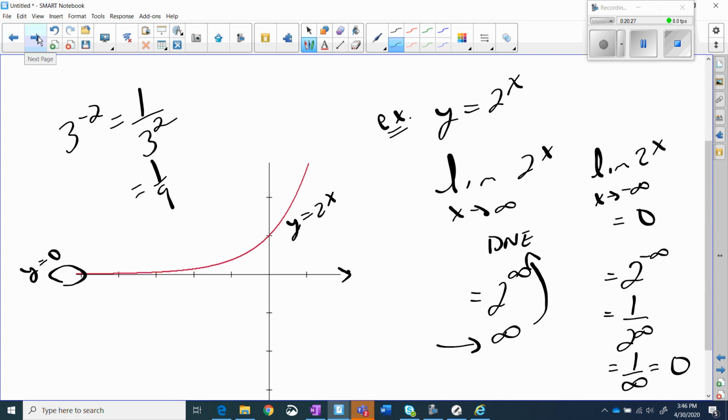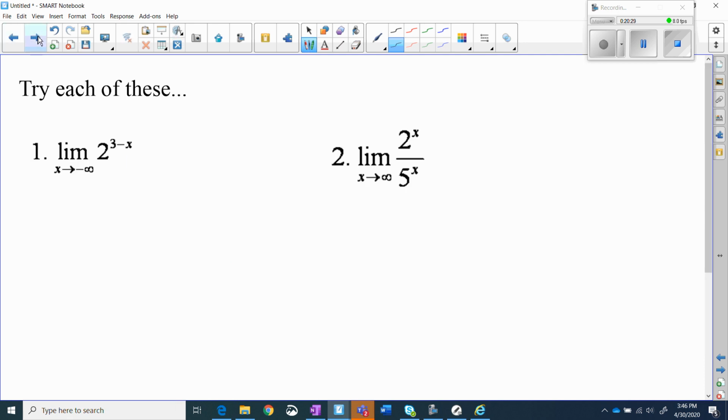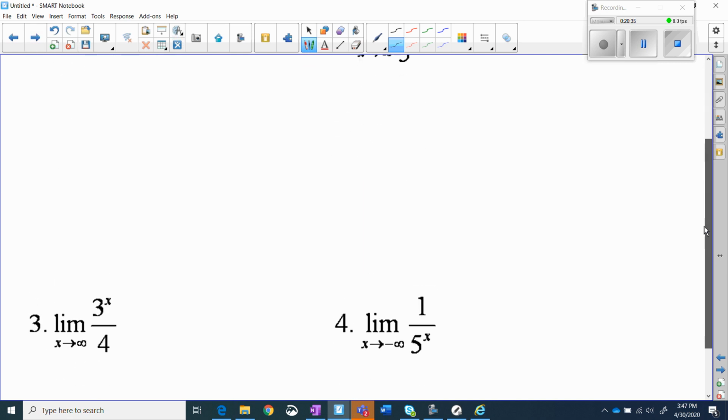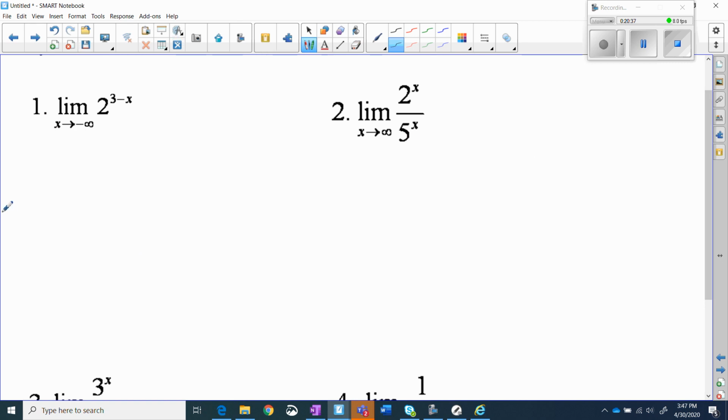All right. Now, that's all we're going to cover with limits at infinity. Let's look at a few of them. So let's suppose I had this one. I think I got 4 of these. Okay, so these are just exponential situations. So this time, x is going to negative infinity. So I'm taking 2 to the exponent 3 minus a negative infinity.